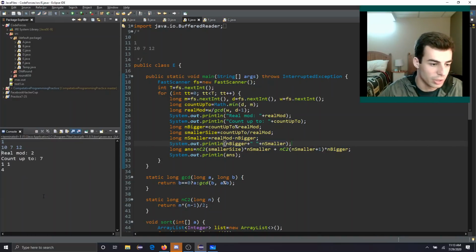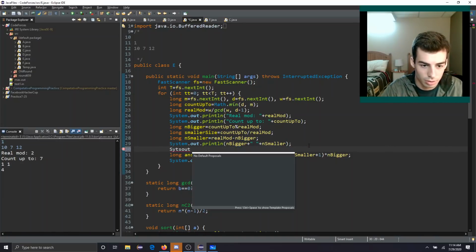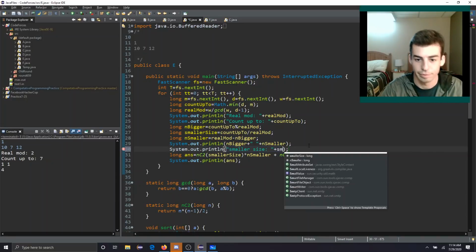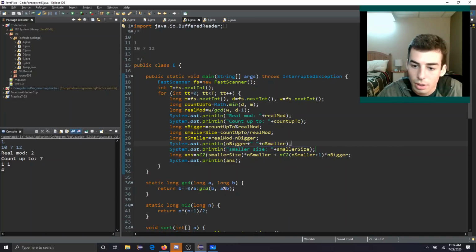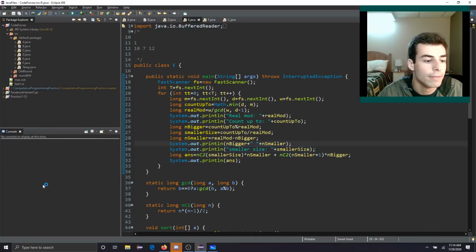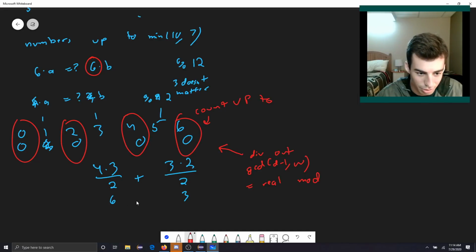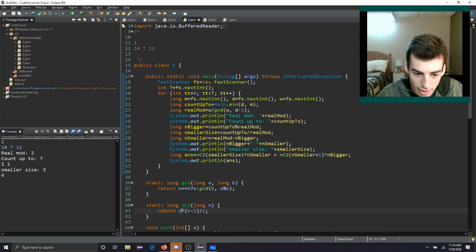It should be one of each, right? One of each. We shouldn't be getting this wrong. Smaller size is 3. We literally just did this math. It's 4 times 3 over 2. N times n minus 1 over 2 times 1 plus 3 times 2 over 2 times 1.